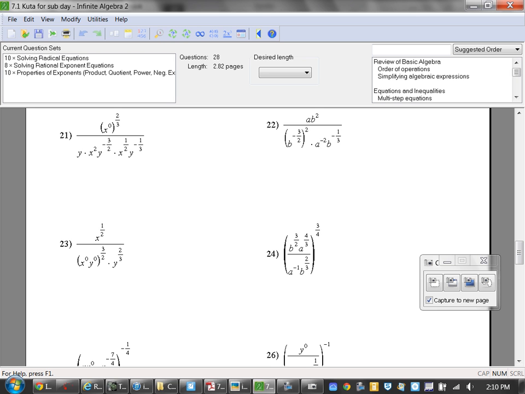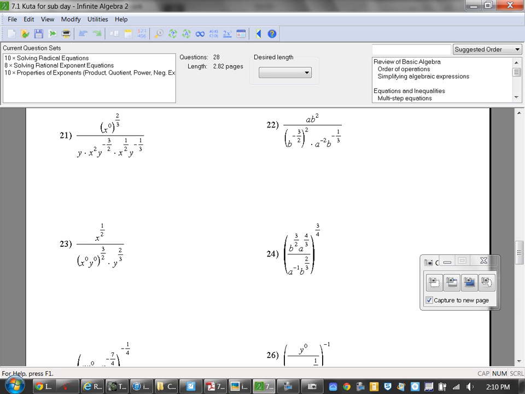You had same base, different exponents, and you were multiplying them together. What did you do to the exponents? You add them together, so it would be a to the m plus n. So if it was x cubed times x to the 4th, you get x to the 7th. Okay, so now it's x to the 1/3 times x to the 1/4.